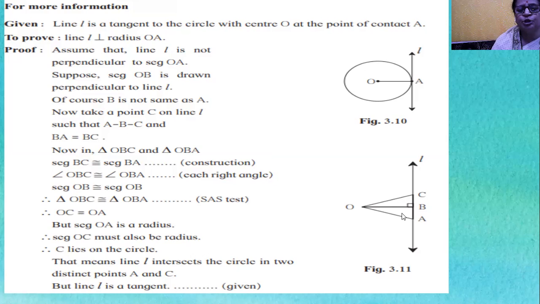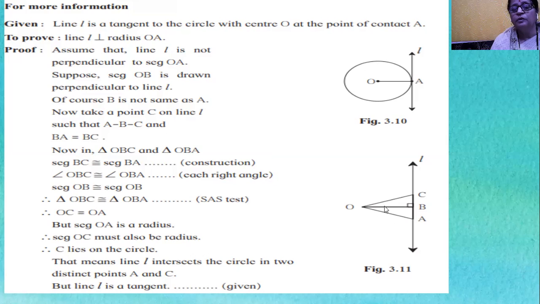So these two triangles, triangle OBC and triangle OBA, are congruent according to the SAS test. And then you can see that OC is equal to OA.